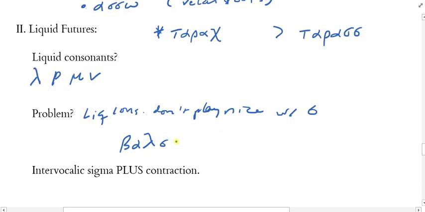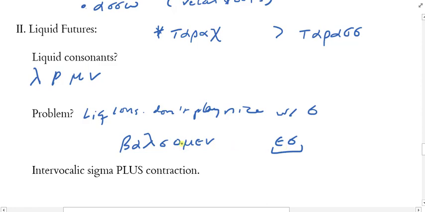So let's say we want to do, we will throw. Balsamen. All right? The lambda and sigma say, hey, we don't get along. You're going to have to change your ways or we're not going to be able to form the future. And what happens here is that the tense formative sigma is going to have to slightly change to the tense formative epsilon sigma.